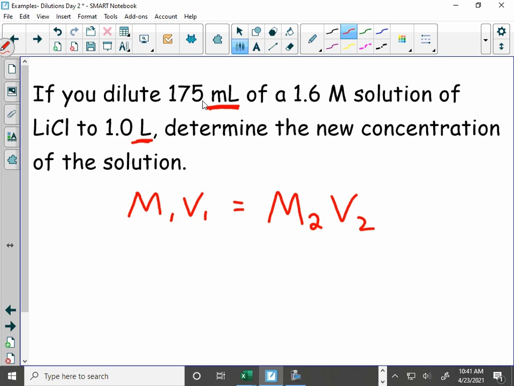I come back up to my problem. Well, I see M1 is 1.6 molar, and I multiply that by my volume of the first one, which is 175 milliliters. That's going to be equal to M2, which is what I'm trying to solve for. And here's where I made my conversion.